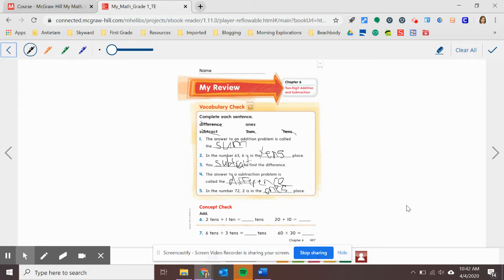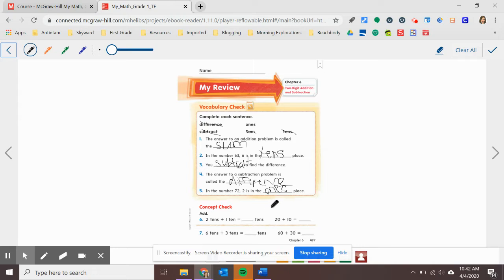For number 6, we are going to be looking at adding groups of 10. So when we add groups of 10 or add numbers with zeros at the end, we have to think about what that first number is, the one that's in the tens place. So for this first problem, number 6, we're looking at 2 tens plus 1 ten equals how many tens?